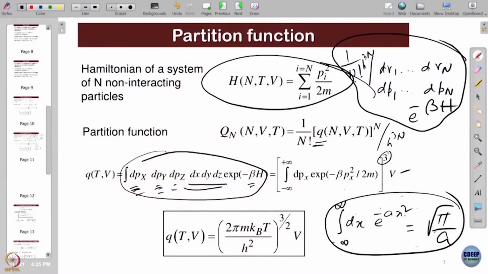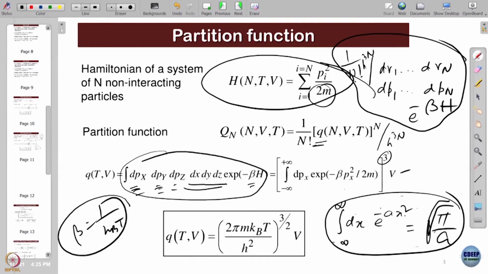So, 3 Gaussian integrals, each comes with a root, and with 2m, we get 2 pi m kBT, where beta is 1 over kBT. When I do that, I get this. This is the partition function of a single molecule in an ideal gas, the single particle partition function. Okay, so that thing is done.